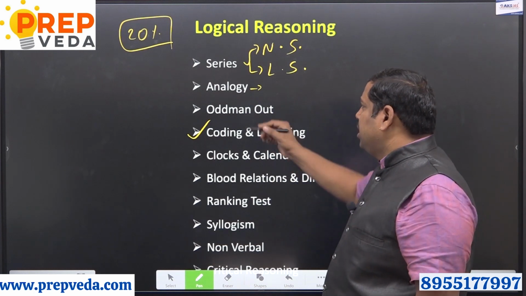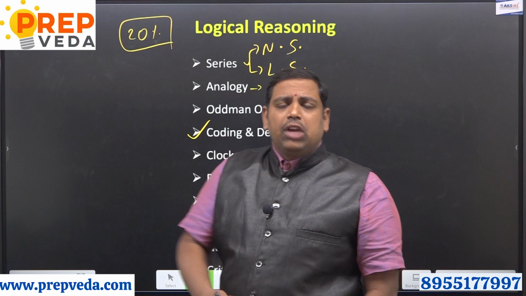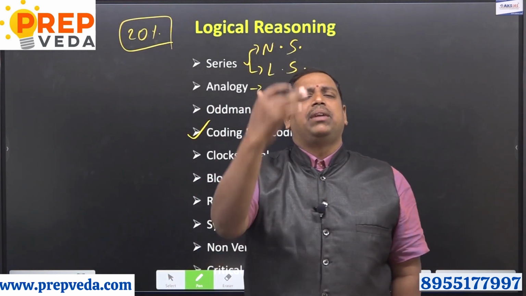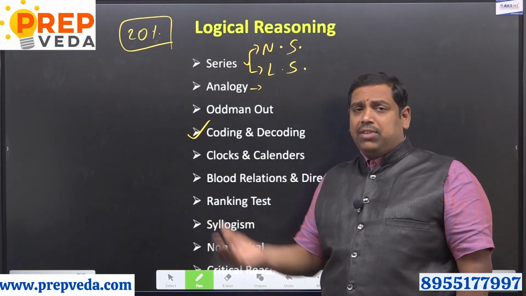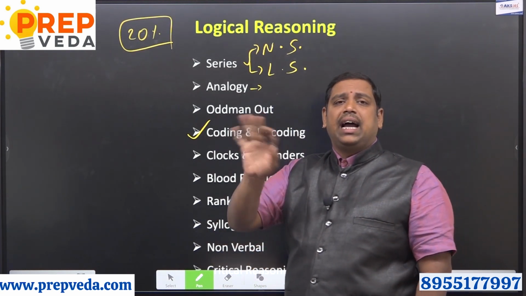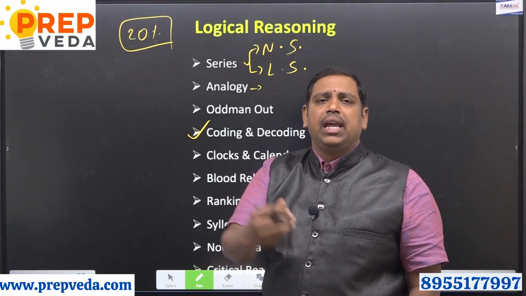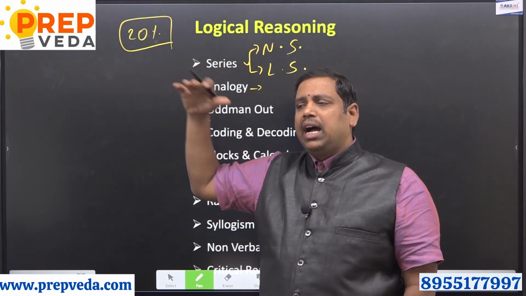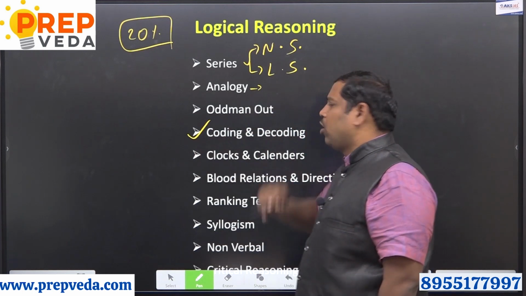Coming to word analogy, your standard GK and current affairs will be tested, especially standard GK. It covers English, a little bit of history, geography, polity, economy, and standard GK like which is the highest peak. Everything will be covered in analogy.